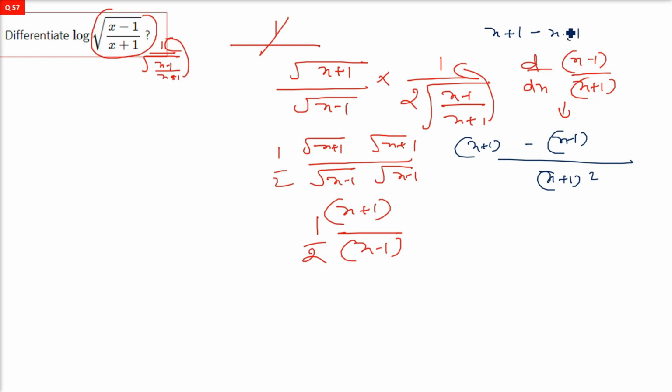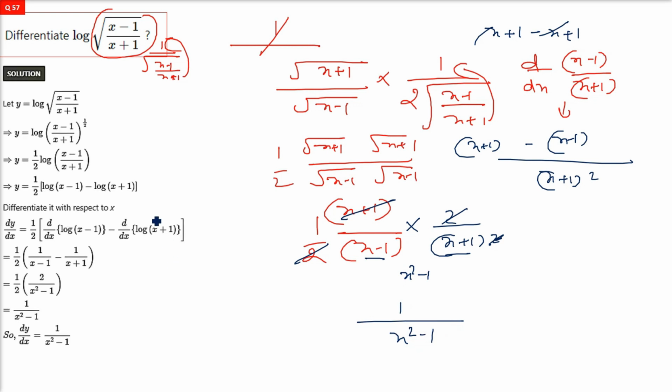So you get x plus 1 minus x plus 1, x gets cancelled, you get 2 divided by x plus 1 whole square. Now 2 gets cancelled, x plus 1 gets cancelled. You have in the denominator x plus 1 into x minus 1. A plus b, a minus b formula, that is a square minus b square. So you will get 1 by x square minus 1.